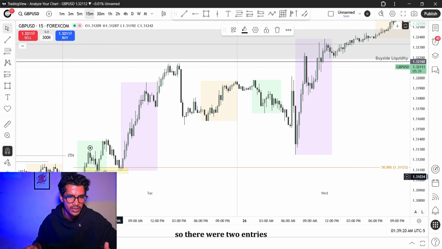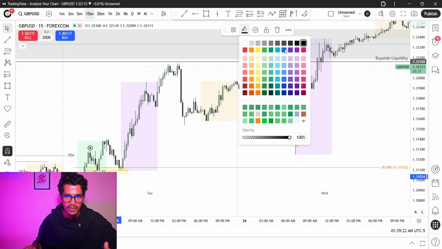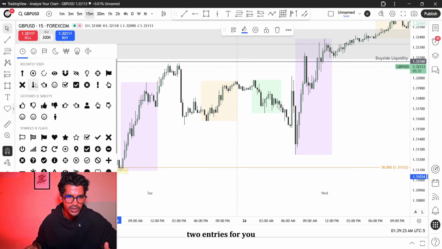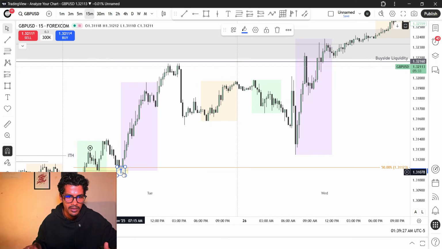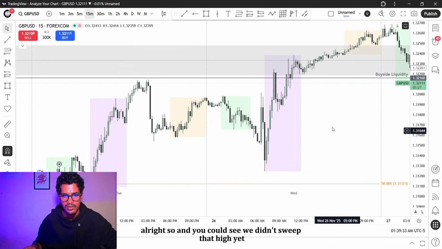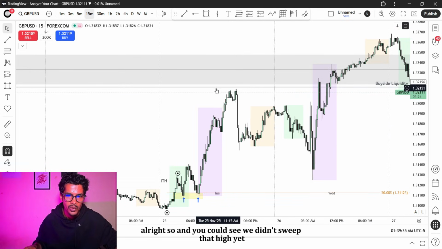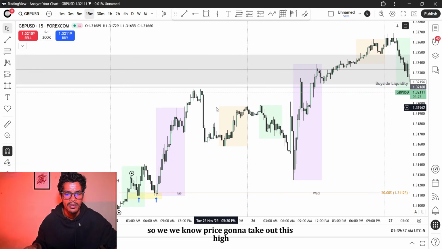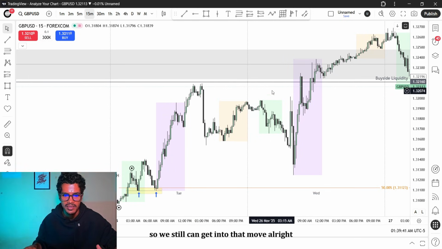There were two entries you could have taken, but say that you missed these two. All right, and you could see we didn't sweep that high yet, so we know price is gonna take out these highs, so we still can get into that move.